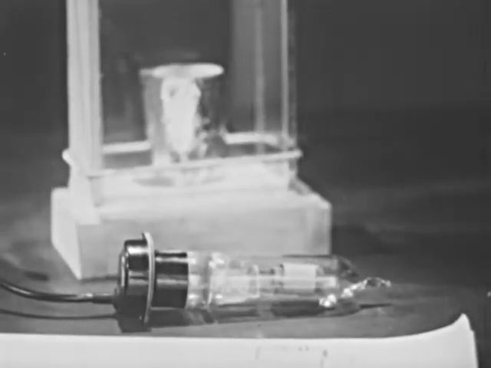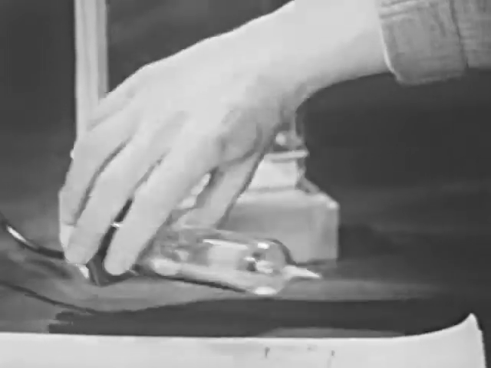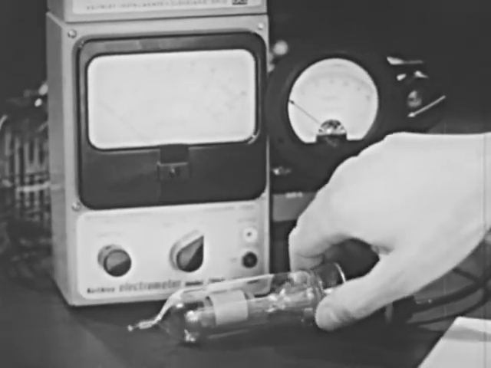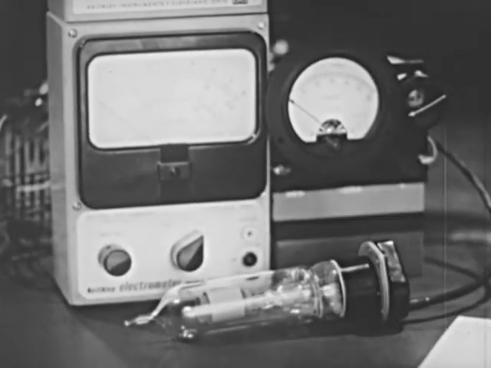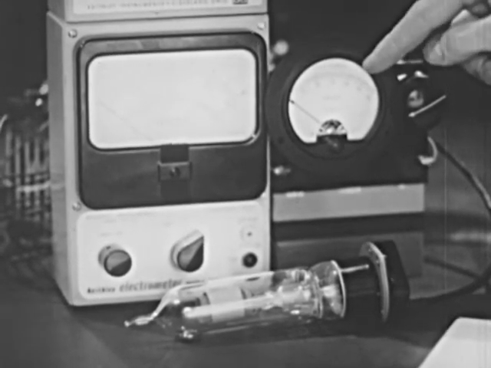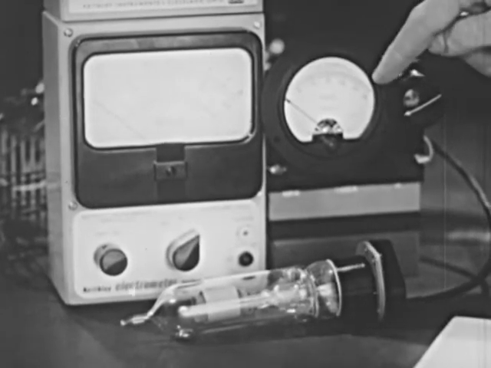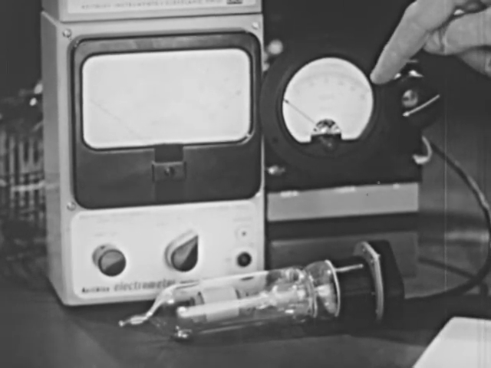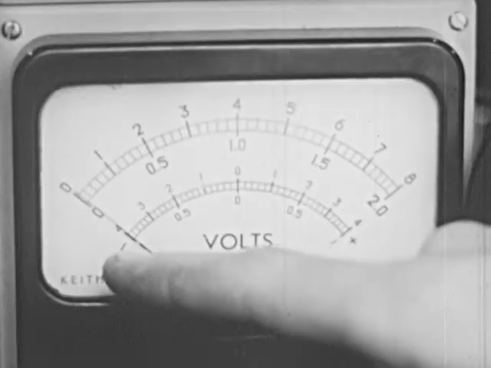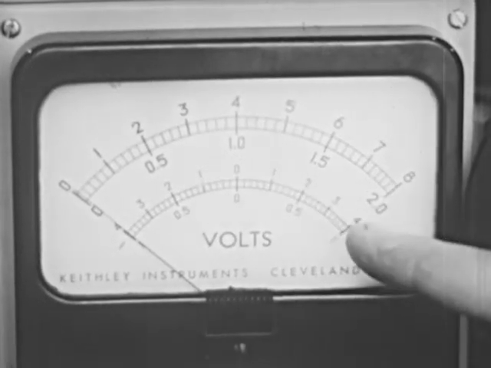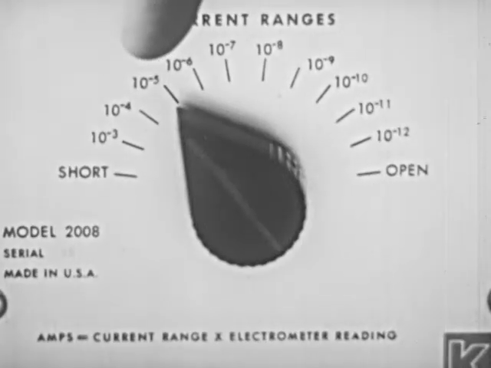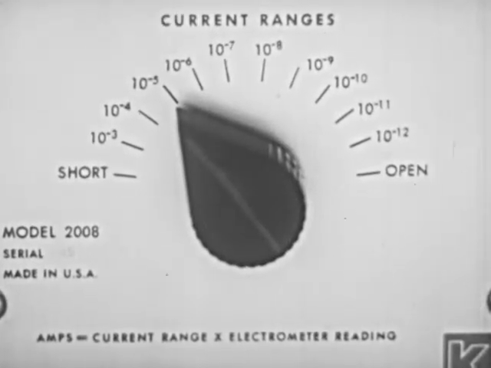Now let us go back and look at the tube. We will measure the tube current as we change the accelerating voltage. And I will read the accelerating voltage on this meter from 0 to 30 volts and the anode current on the electrometer. I will use the middle scale from 0 up to 2 measured in units of 10 to the minus 5 amperes.